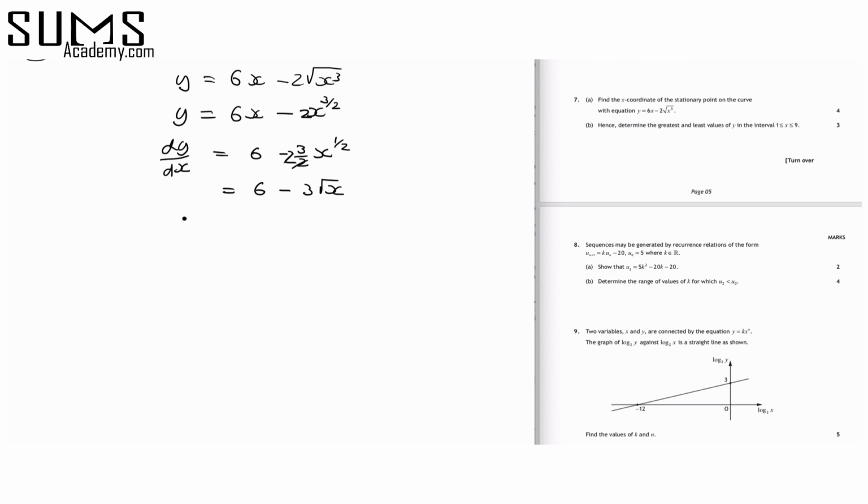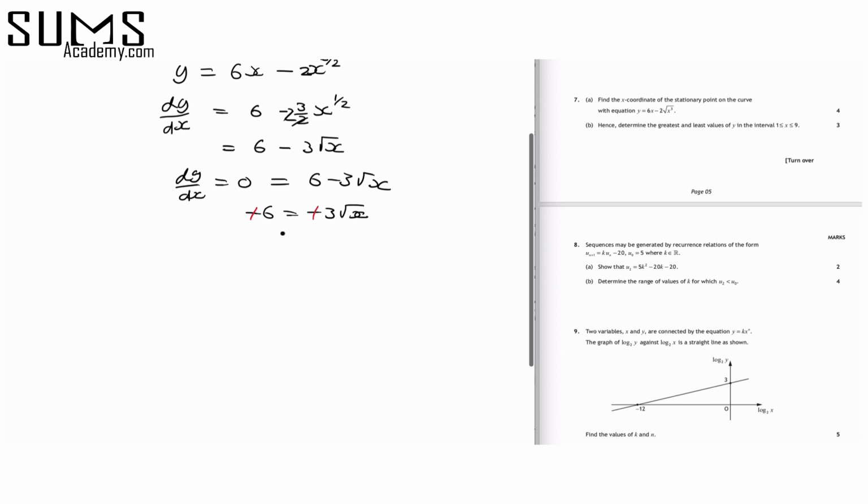Okay, and we want dy by dx equal to 0 equal to 6 minus 3 root x. So minus 6 equals minus 3 root x, and the minuses cancel, which is nice again, and then this simplifies further.